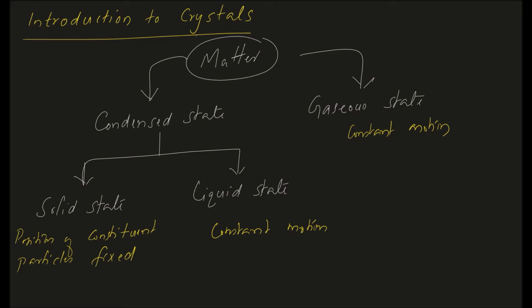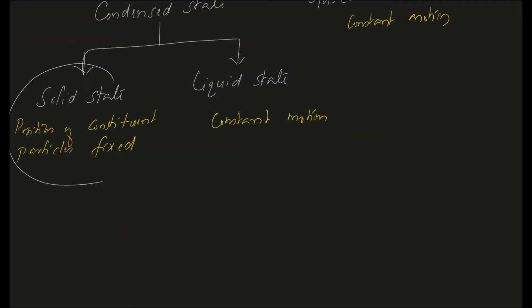The same is true for the gaseous state as well, where the particle positions are not fixed, but they are in constant motion. Now we are concentrating more on this solid state of matter, which is more important for us, and we will be discussing only the solid state in the first module of this course.